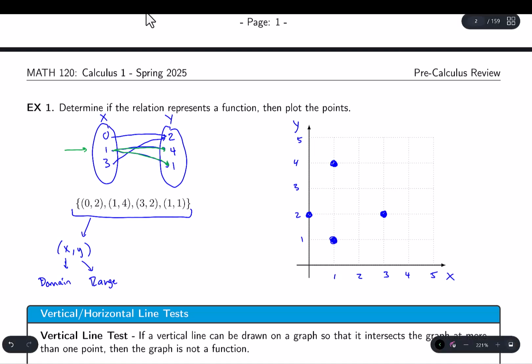And the problem is, these 2 points lie on the same vertical line. So that tells us that it fails the vertical line test. And if a group of points graphed on an xy plane fail the vertical line test, it's not a function.